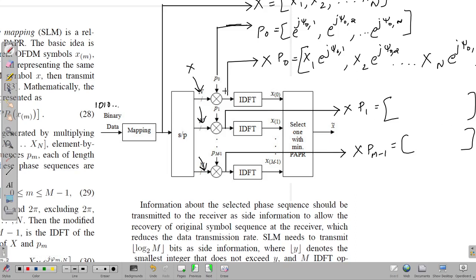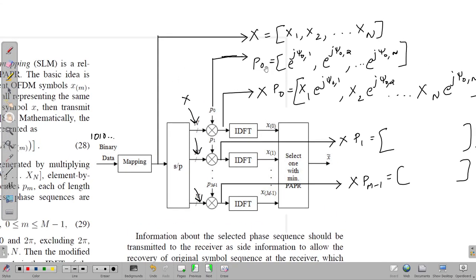And so before IDFT, you have x into p naught here, x into p1 here, x into pm minus 1 here. Basically the same signal x is getting multiplied with different phase sequences having a length of n, the same as the length of the set of modulated symbols.